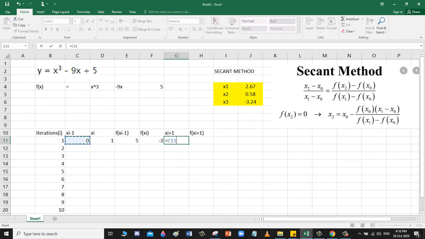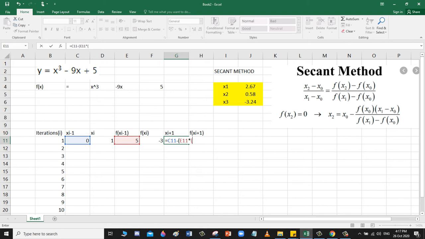That will be this one, C11. The value of this one will be 0. Minus f of x naught. What is that value? F of xi minus 1, that will be f of x0. Then, multiplying it to xi minus x naught.